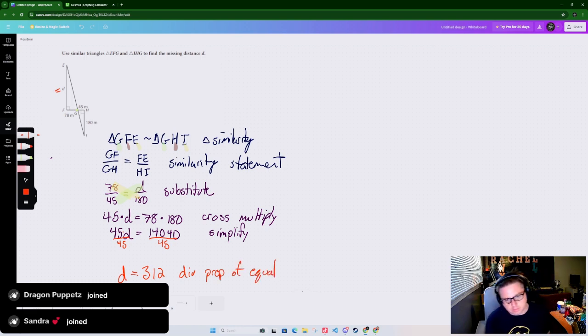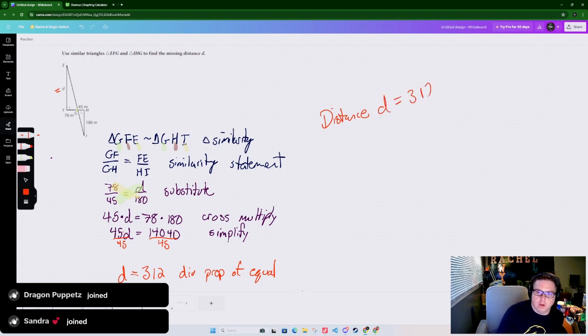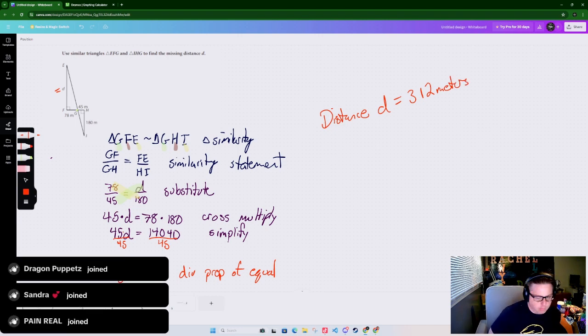But let's be even more specific. Now we found the distance. So we found the distance D equal to 312 meters, and that is our missing distance. With story problems, you should write some kind of statement saying what your answers are.